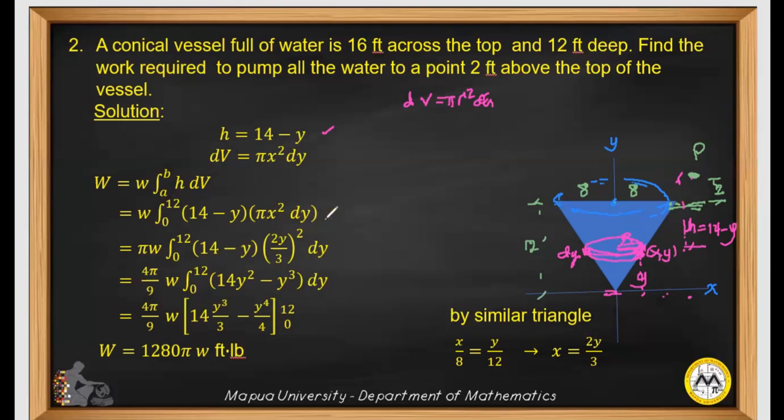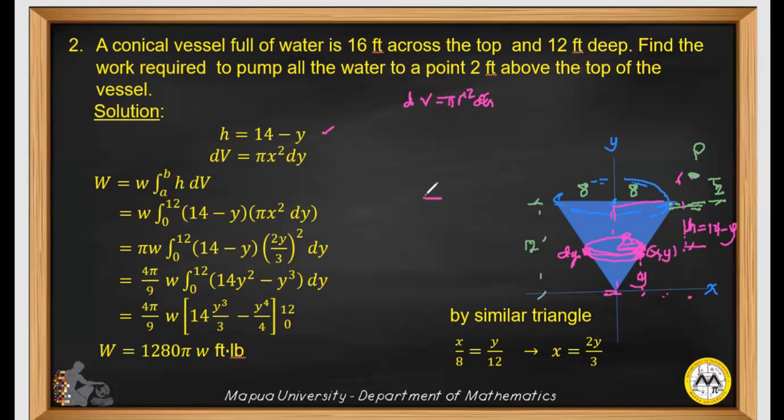Now, since the variable of integration is y, we have to express the radius x in terms of y, and we can do that by ratio and proportion by considering the triangle form on this conical vessel on the xy plane.